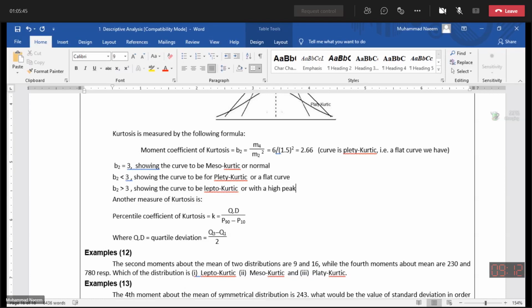And also we have some alternative formula with the help of quartile deviation and percentiles, where quartile deviation is Q3 minus Q1 divided by 2.